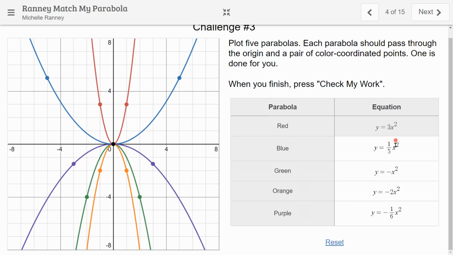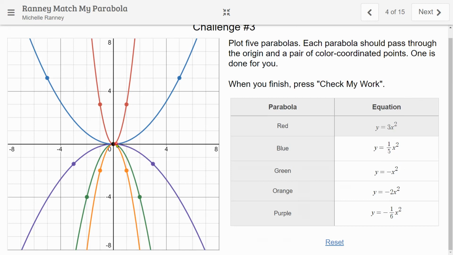So some of us might have gotten these using decimals and kind of guess and checking. But if you think about where your vertex is and you think about a regular parabola, I do 0 squared, which is my vertex. 1 squared is 1, 2 squared is 4, 3 squared is 9. So when I go out 1 and 2 and 3, think about how I've changed how high or how low I went.